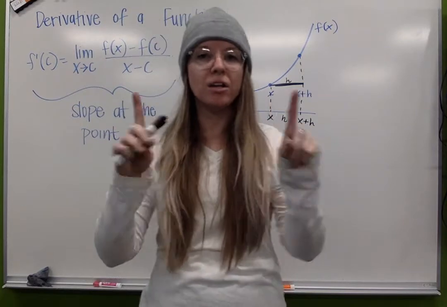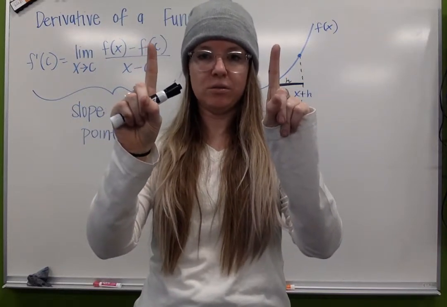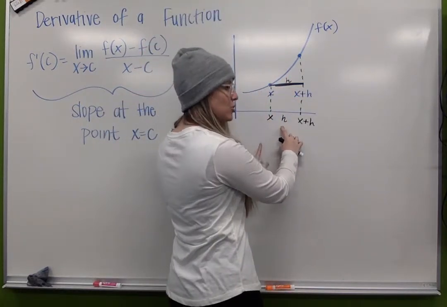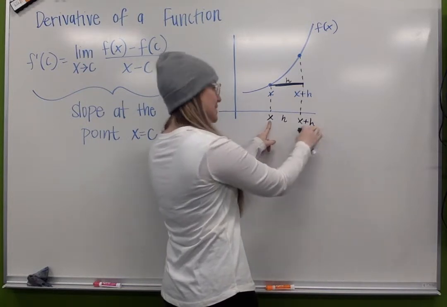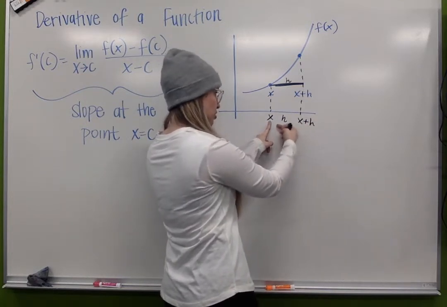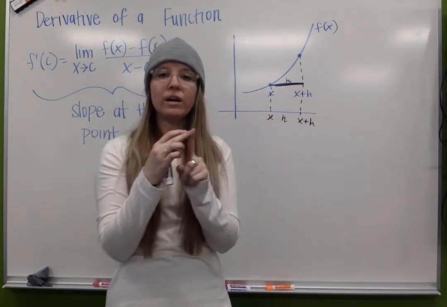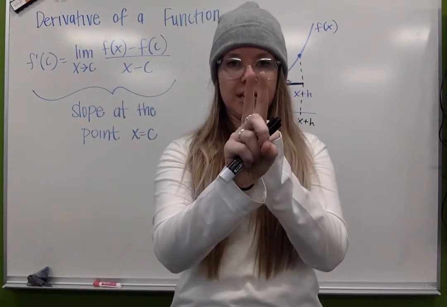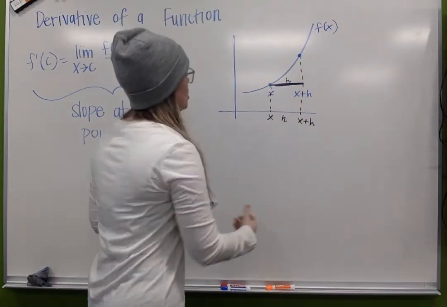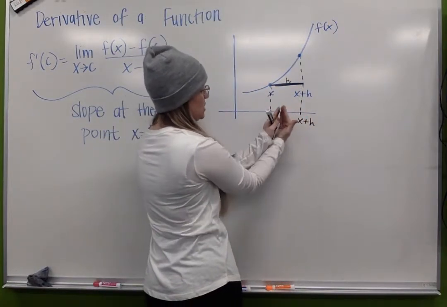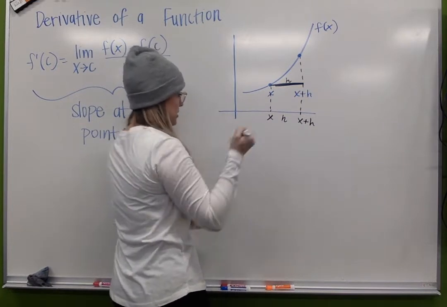H is just some unknown distance between my two x values. As h gets closer and closer to 0, meaning x plus h is getting closer and closer to x, we are again tricking our formula into taking the slope at one point. So as h closes, this is what this formula looks like.